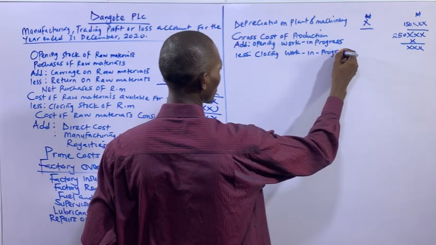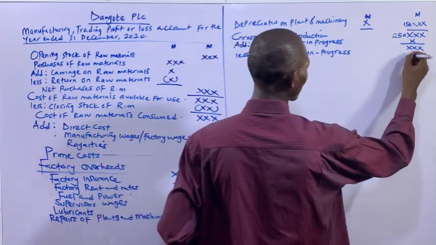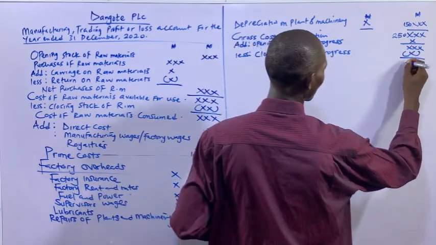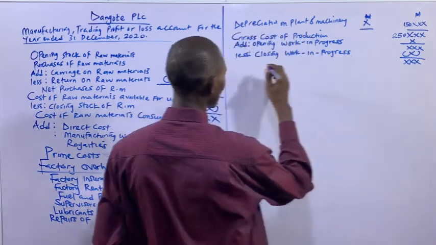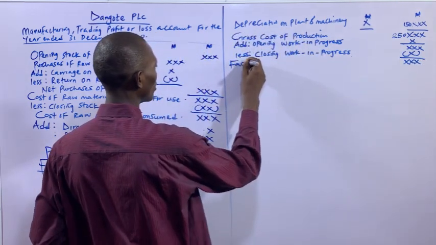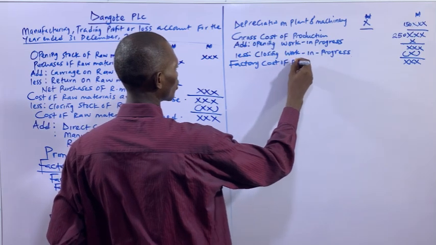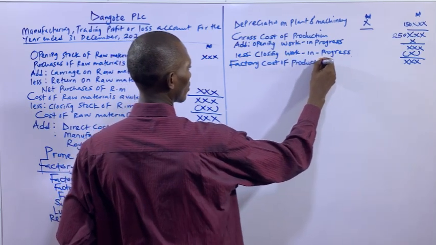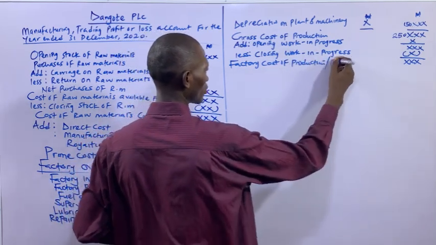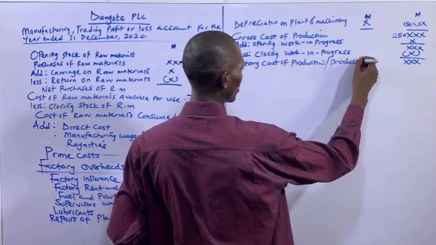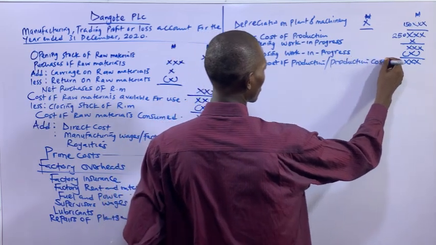So we less this. So this is what we call factory cost of production, or we can simply say production cost. It's the same thing.